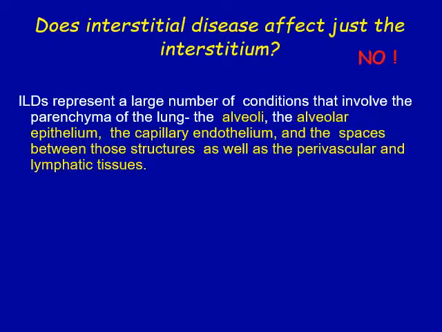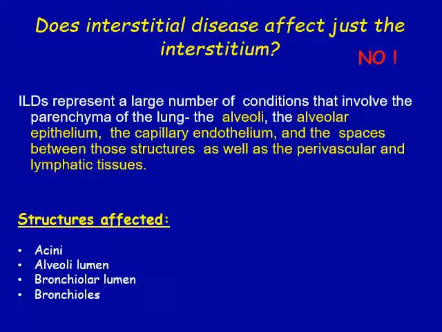Why? Because interstitial lung disease represents a large number of conditions that involve the parenchyma of the lung. It means involving the alveoli, the alveolar epithelium, the capillary endothelium, and the space between these two structures, as well as involving the perivascular and the lymphatic tissue.